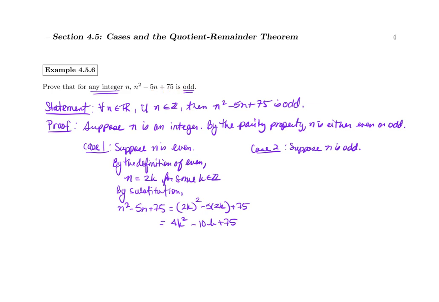So that actually isn't going to be a bad thing, because we can break up that 75 into 74 and 1. And now we can pull out a 2, not a 4, not an 8, no other kind of even number, only a 2 can you pull out when you're factoring 2 when you're trying to show even or odd. So 2 times, and we're left with 2k squared minus 5k plus 37. And then we'll add a 1 at the end.